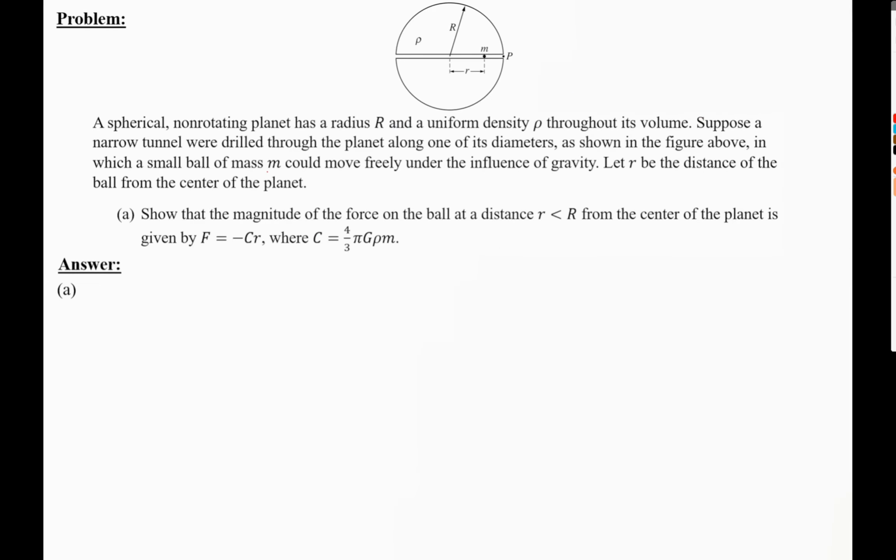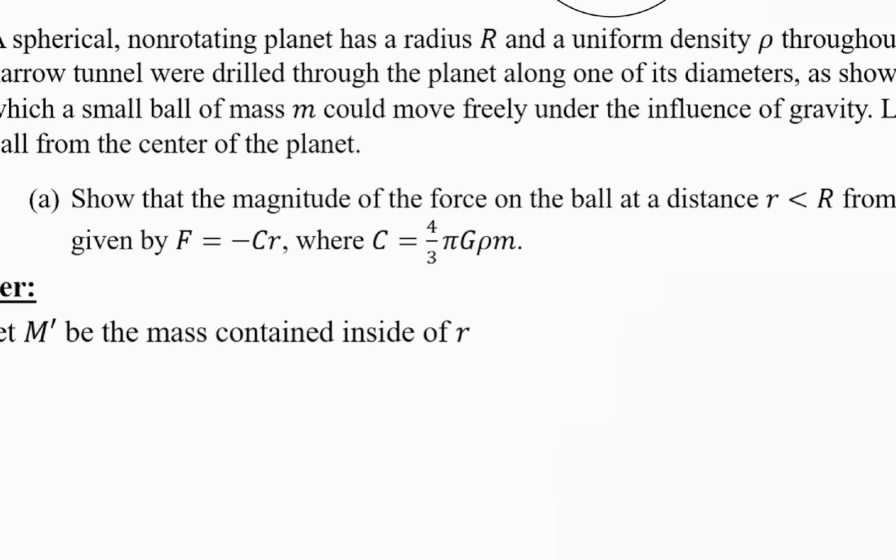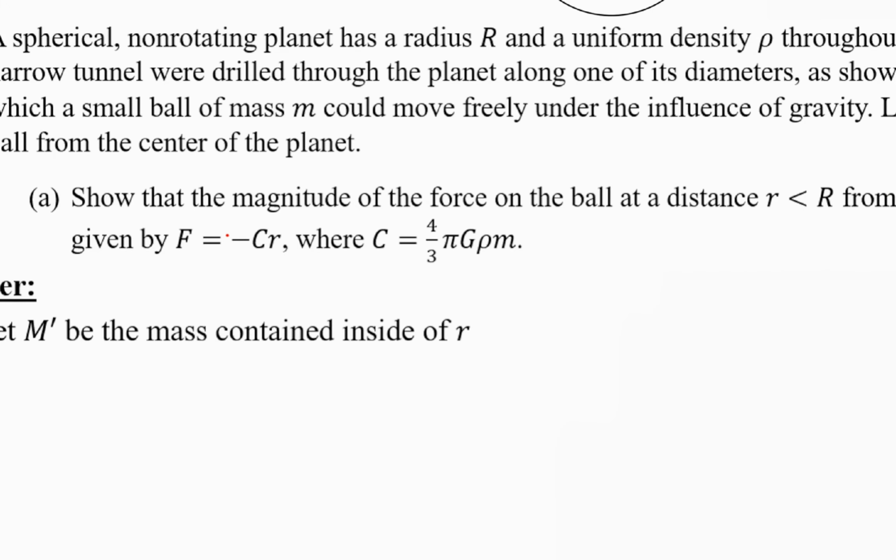For this reason, let m prime be the mass contained inside of r. Before I continue, notice that the force has been represented in the following form with a negative sign, and we've said that the pull of gravity is given by m over r square.